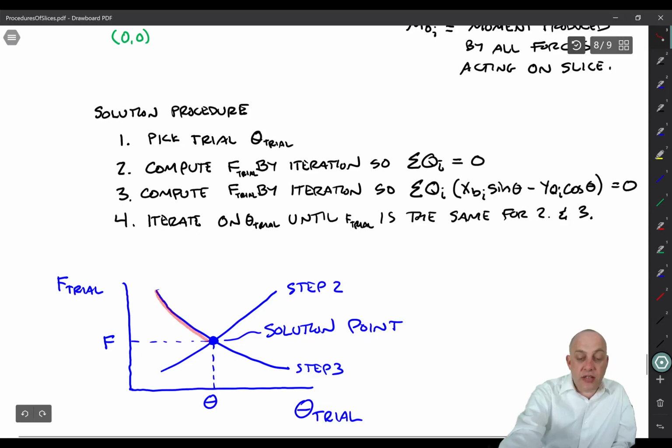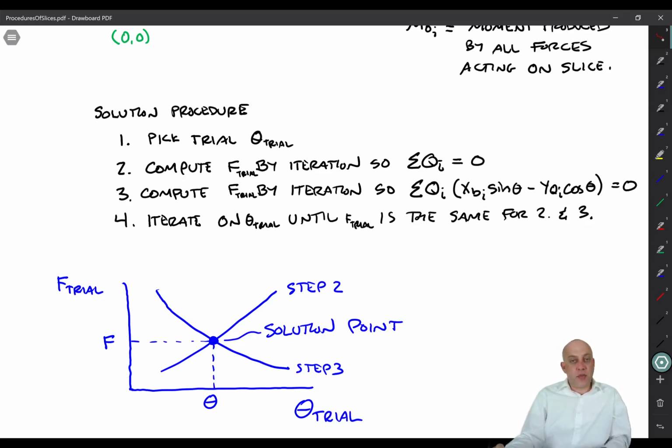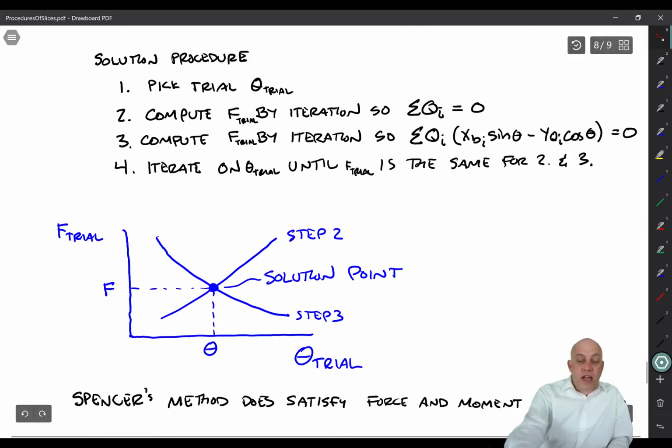You would get another line that gives you moment equilibrium. And those two lines will cross at only a single physically meaningful value of theta, right? They're not going to cross at multiple points where multiple thetas will give you the right solution. Maybe there's some imaginary thetas that would work, but we'll keep it in the real domain. And now you've got your solution point, and you've solved Spencer's method. You know theta and you know factor of safety.